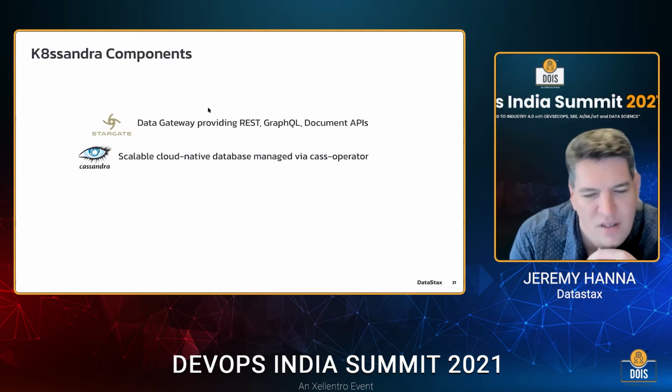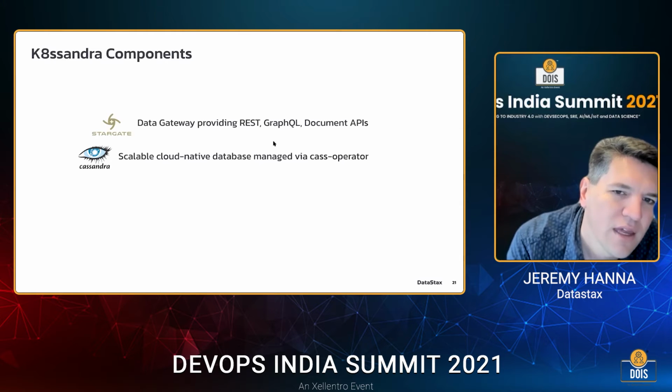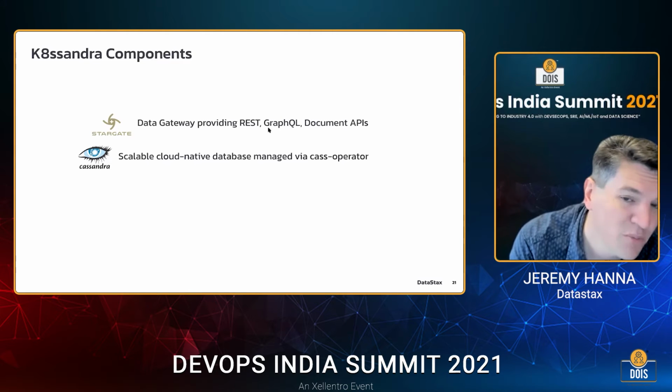This is a separate set of lightweight nodes that are running Stargate, and they're the gateway between your applications and Cassandra. It will serialize down from REST down to CQL, and from CQL to Cassandra, and then it goes back through, and the native result format gets deserialized or reserialized as JSON or whatever you're expecting from the client's perspective.